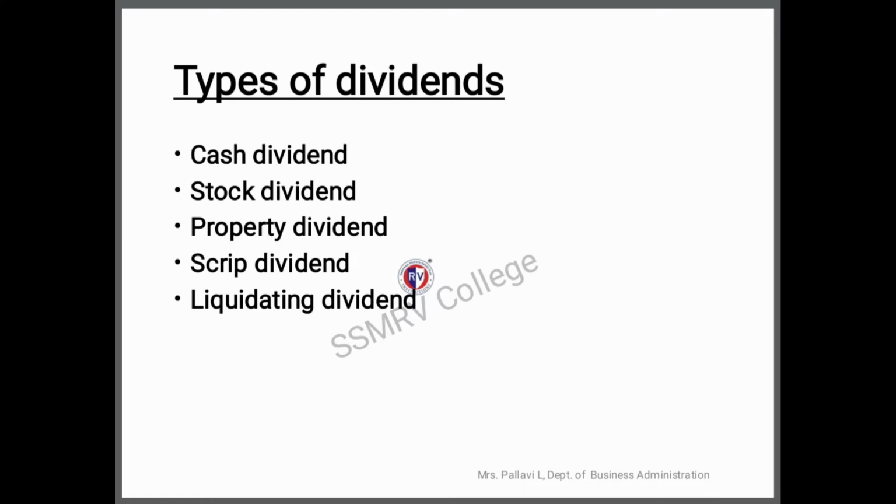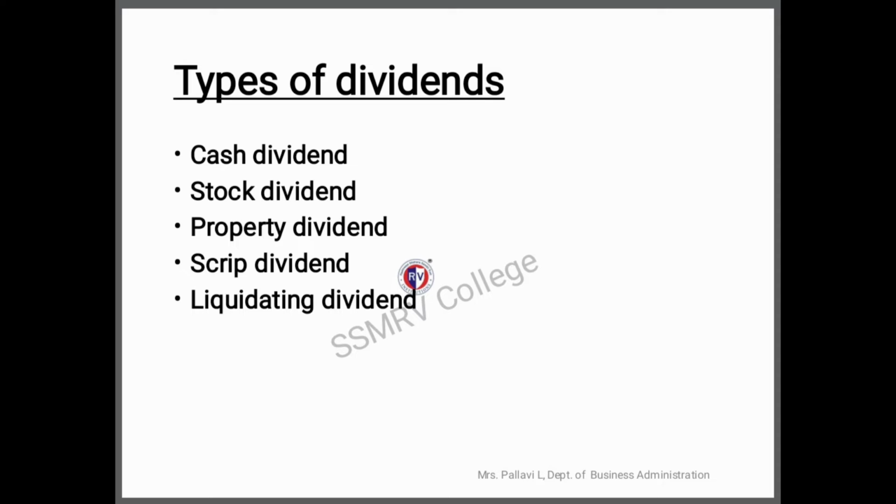And the third one is property dividend. Under this method, dividends are paid in the form of assets instead of cash. Okay, so the next one is scrip dividend. Scrip is nothing but a document or an instrument. Under this method, the company will pay the dividend in the form of transferable promissory notes. When there is less liquidity in the company, they pay dividends through scrip dividends.